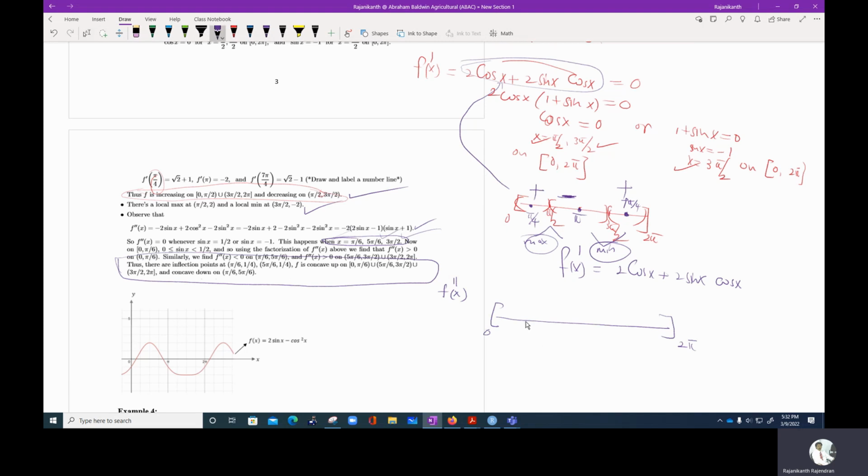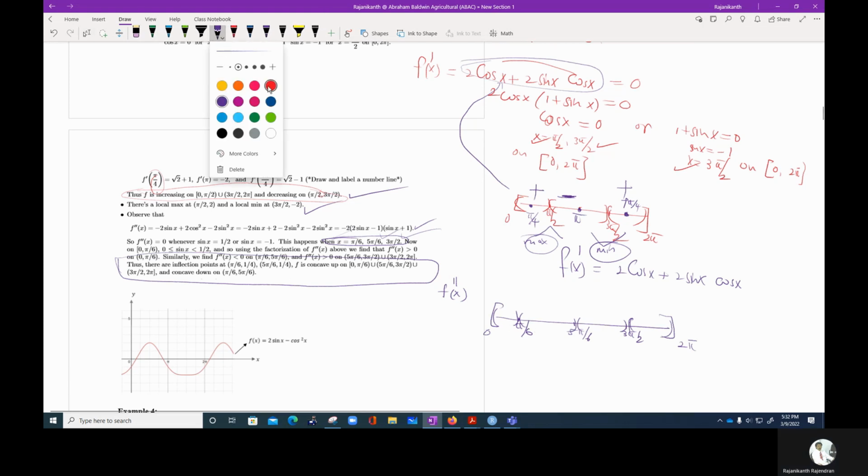So I will check pi over 6 will be somewhere here, 5 pi over 6 and 3 pi over 2. So now you will break into 4 intervals, right? And test the points for each interval. Testing points. Okay, so according to your note, what are the points we have chosen?